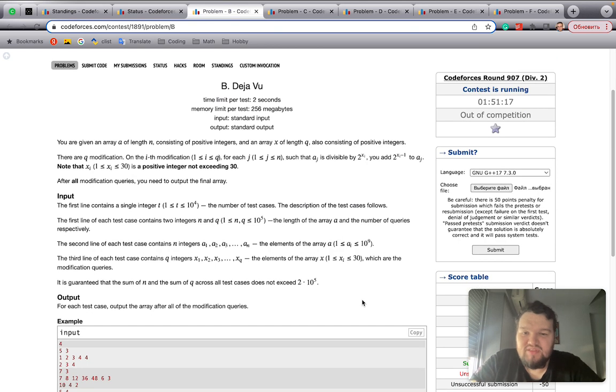Problem B, déjà vu. We have again an array of length n consisting of positive integers and an array x of length q. There are q modifications.